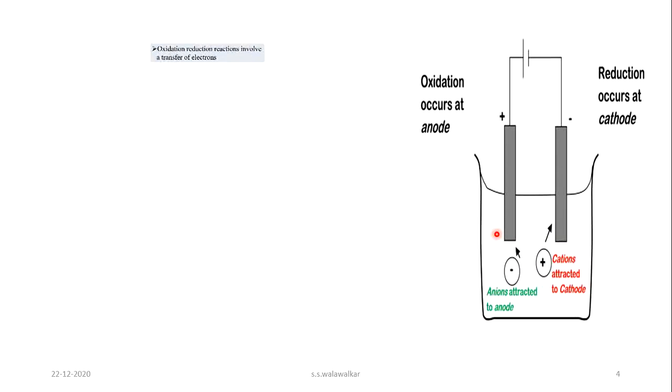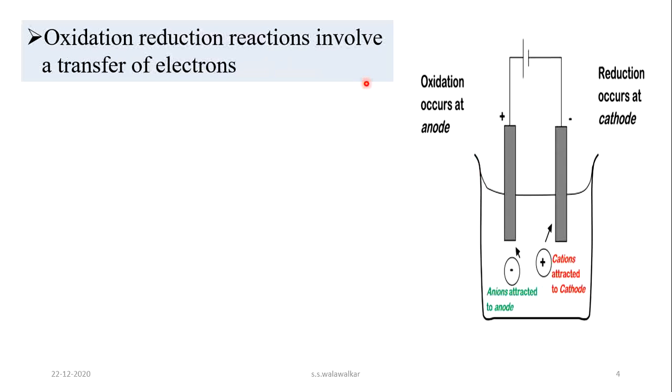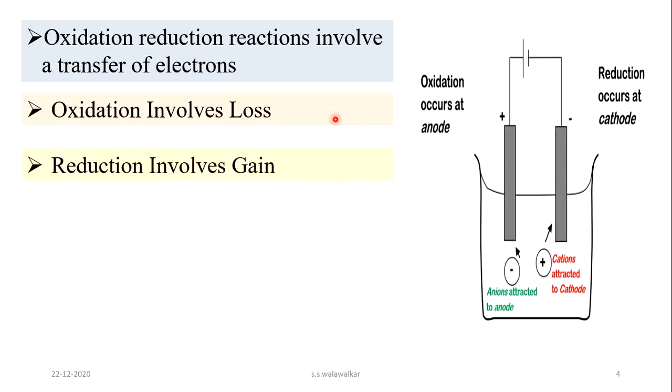And these oxidation reduction reactions involve transfer of electrons from one species to another species. So that is nothing but a redox reaction. You know that oxidation means loss of electrons and reduction means gain of electrons.